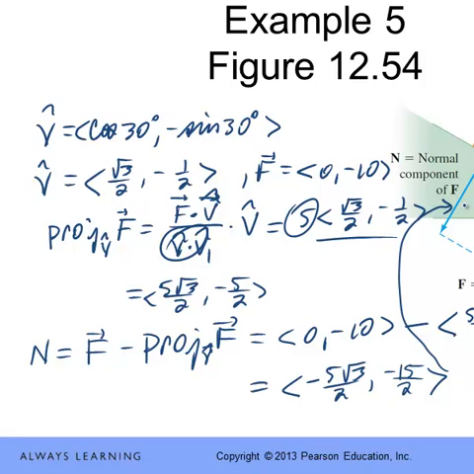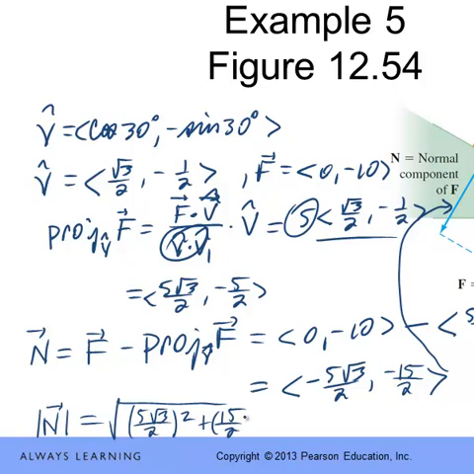So if you want, you could take the magnitude of your N vector. And what is that magnitude? Basically the square root of 5 root 3 over 2 squared plus 15/2 squared.